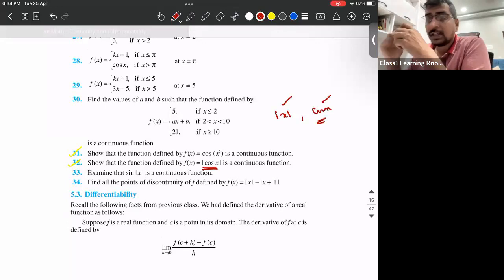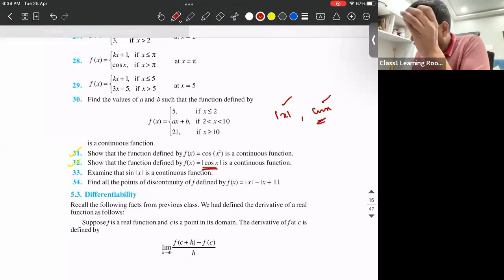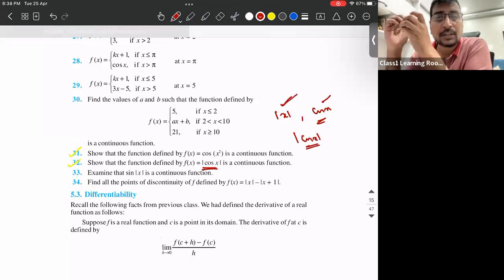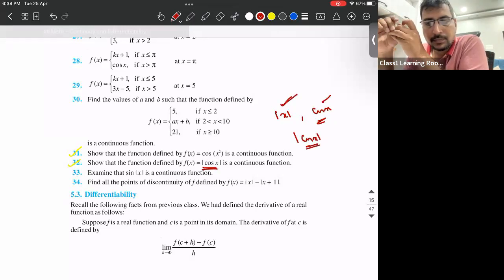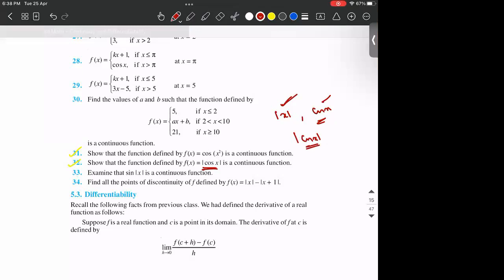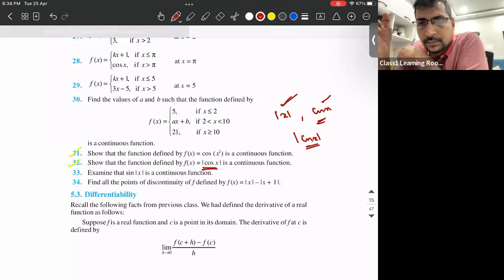Tell me one thing. Is mod x a continuous function? So the composition of these two things will be mod of cos x. By now you should have known. Is mod x a continuous function? Yes, it is. What about cos x? Yes. So mod of cos x will also be a continuous function.